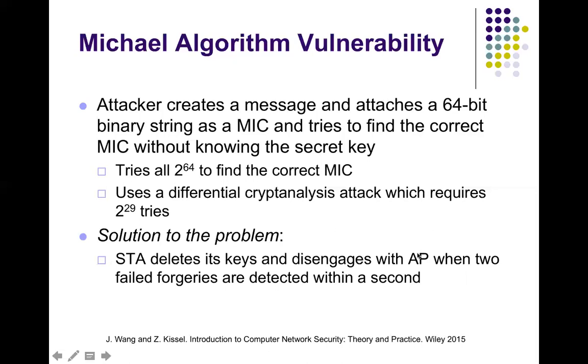So if within a second there are 2 unsuccessful trials, then they will be considered forgeries, and the STA deletes its keys and disengages from the AP. That means it breaks itself off from the WLAN, so that this attack cannot continue.